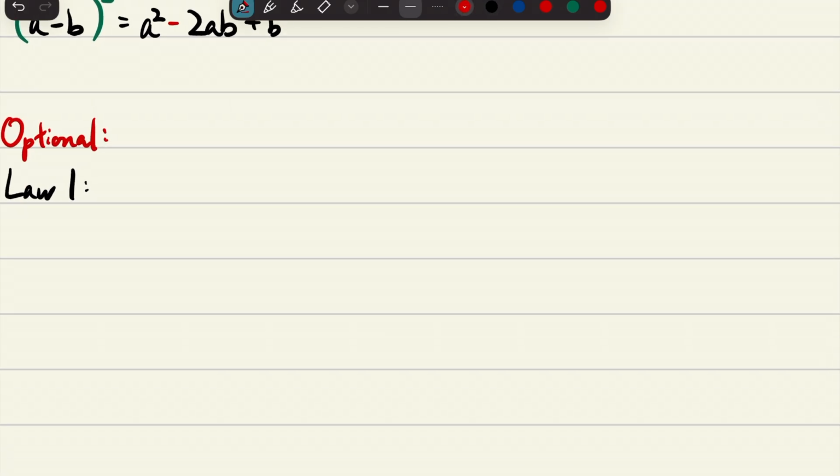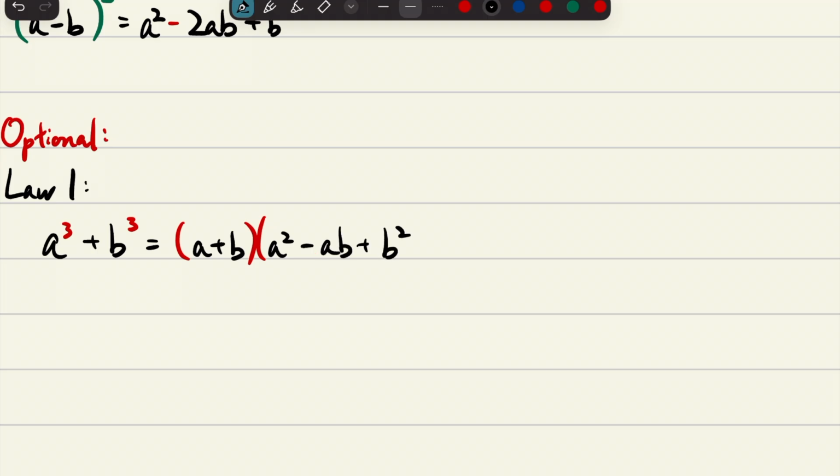The law states that if you have a cubed plus b cubed, it will actually equal bracket a plus b close bracket, multiplied by a squared minus ab plus b squared. This will be the identity.